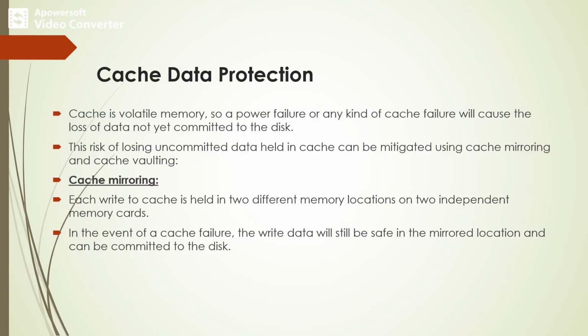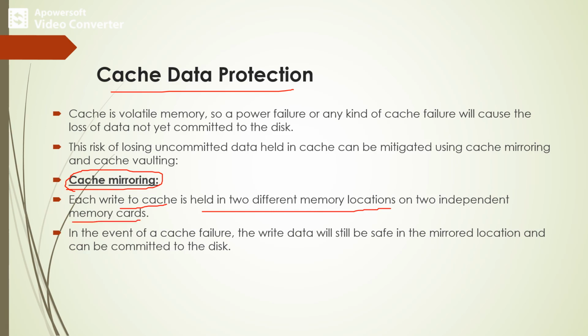Next we'll take cache data protection. Like the RAID concept, here also we use mirroring in order to protect the data. Each write to cache is held in two different memory locations on two independent memory cards.